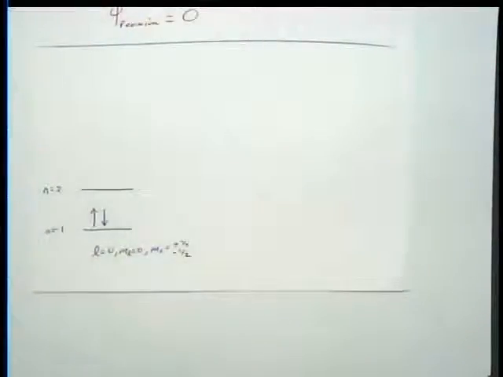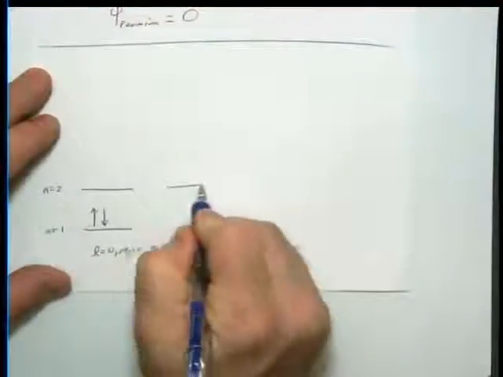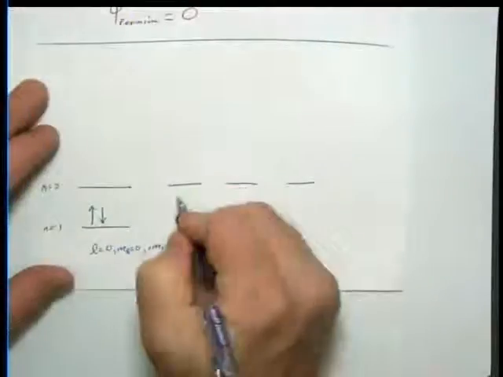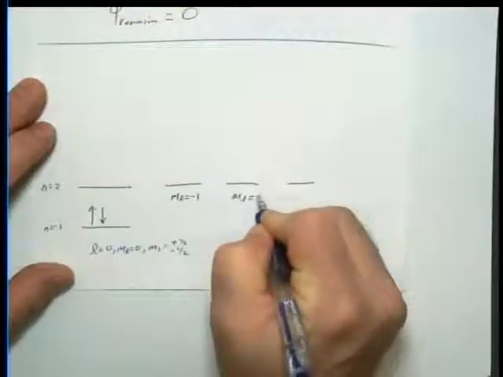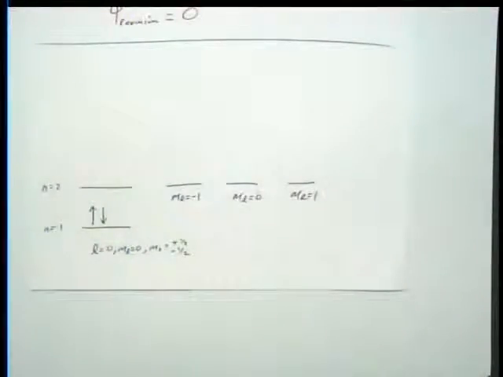You have the same sort of thing for the S state, and then of course you get these P states. They have 3 different states over here. You have ML=-1, ML=0, ML=1, and you can put 2 in each one of those states.